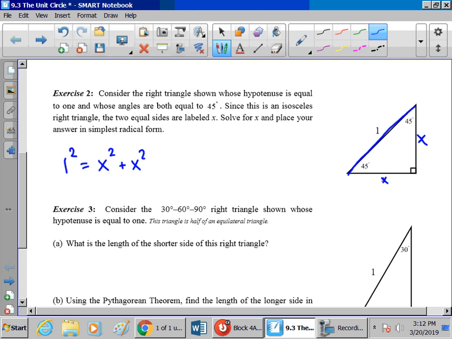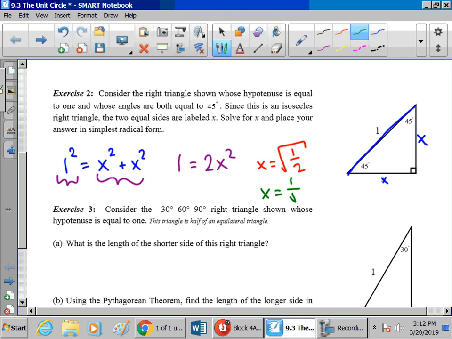All right, let's combine some like terms and do some squaring. 1 squared is 1. x squared plus x squared is going to be 2x squared. All right, so we're going to divide both sides by 2 and take the square root. We wind up with x equals square root of 1/2. We're going back to our radical unit, and we get x equals 1 over the square root of 2.